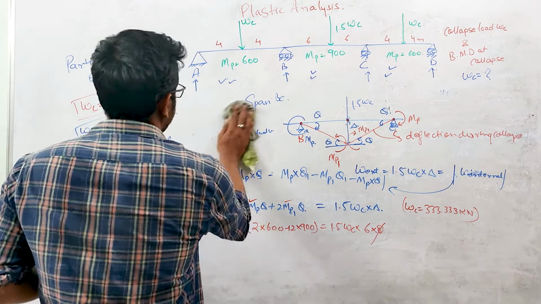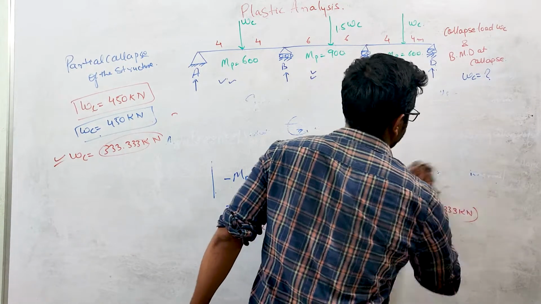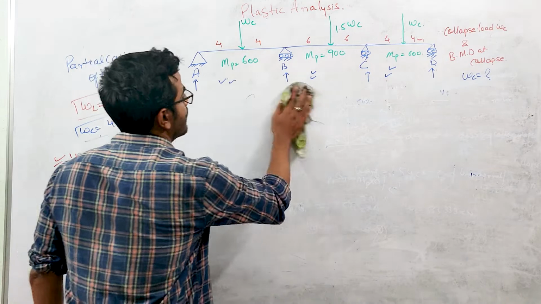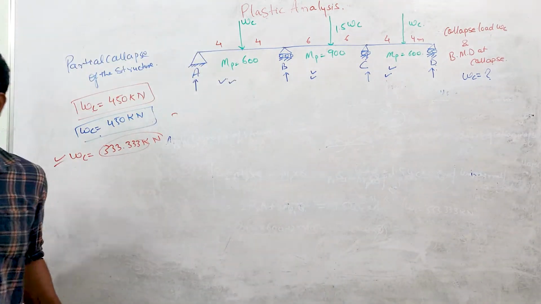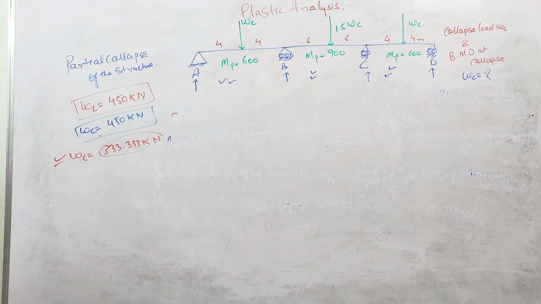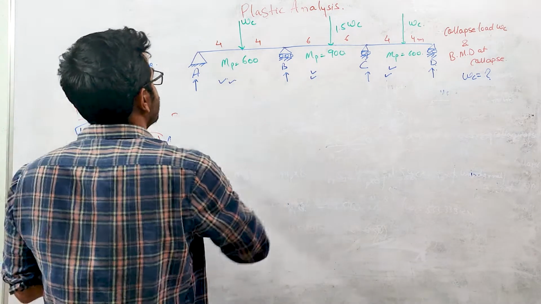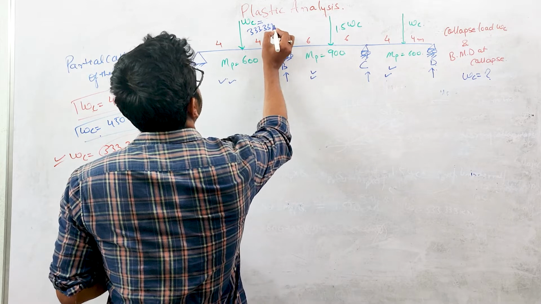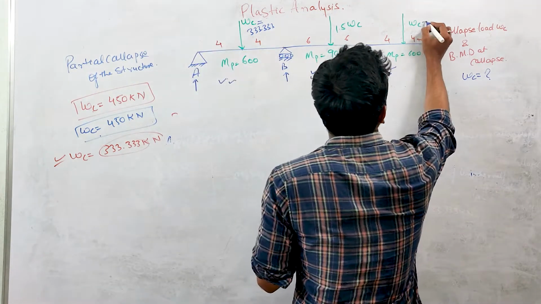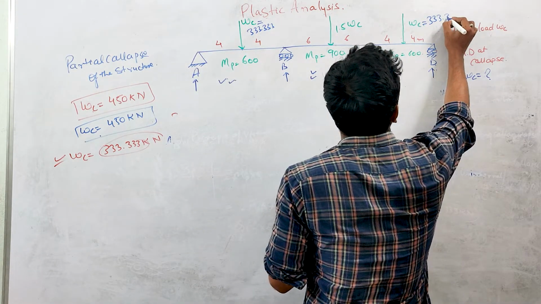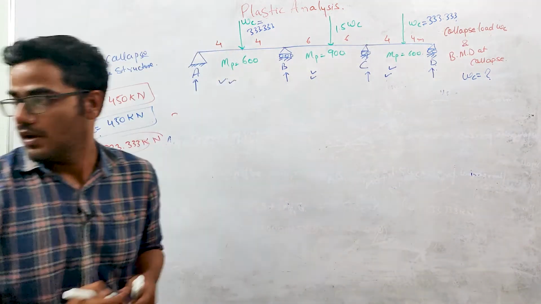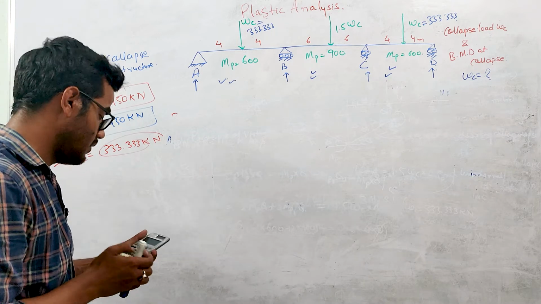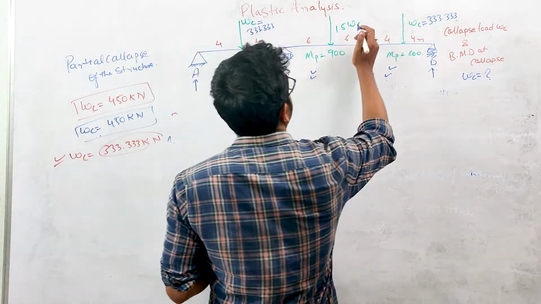So collapse load is basically that load which will make this beam collapse. Okay. So here this WC value will be, okay, here also this WC value is 333.33, and 1.5 into 1.5, so this value is 500.